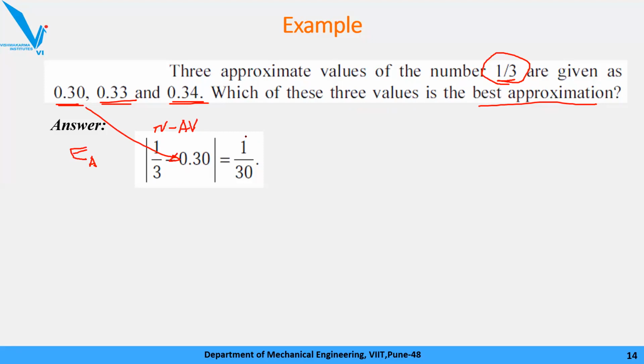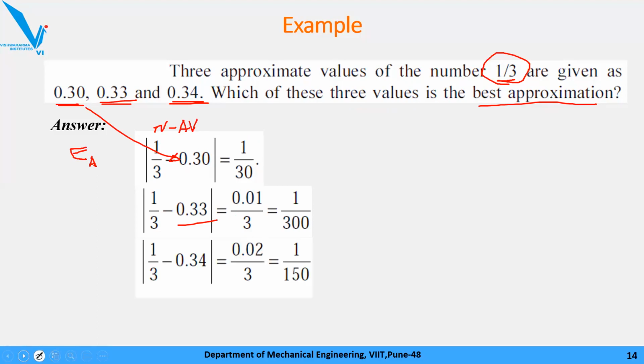We got the error equal to 1/30. Now if I go with the second option, that is 0.33, my error value is 1/300. And if I go with my third option, जो rounded off है, 0.34. Okay, so that gives you the answer equal to 1/150.